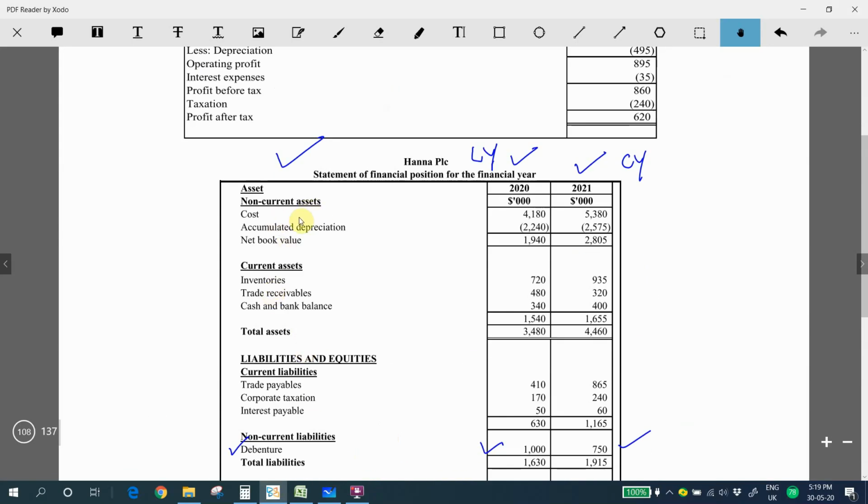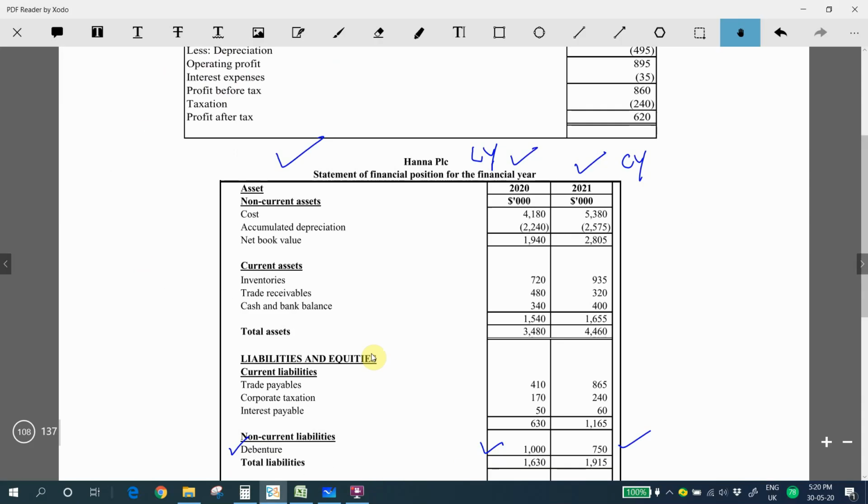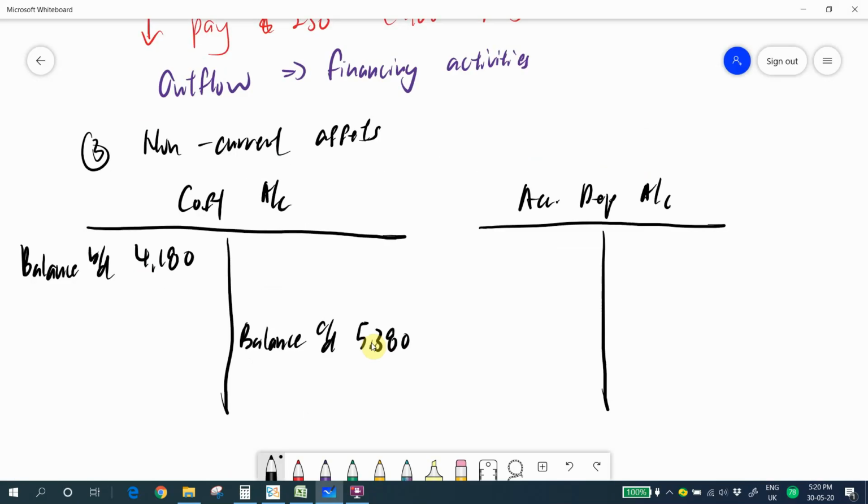This is your non-current asset under your statement of financial position. You can see that the cost 2020 is 4180, 2021 is 5380. So what does it mean? It means that the last year closing balances will become this year opening balances. So for the cost, we know cost is under asset, right? So the opening balance is on the debit, 4180, and the closing is on the credit, 5380.